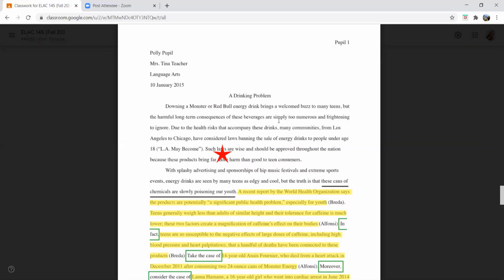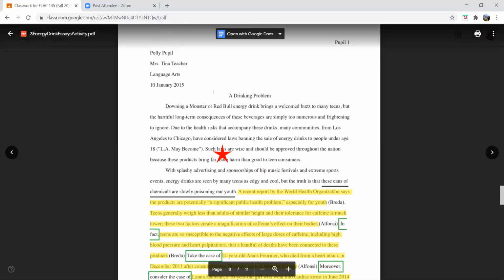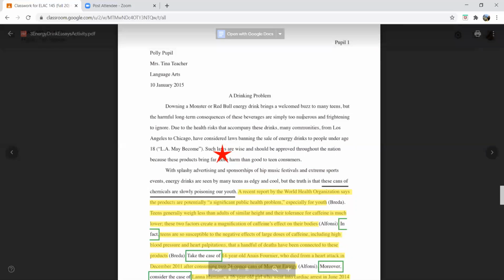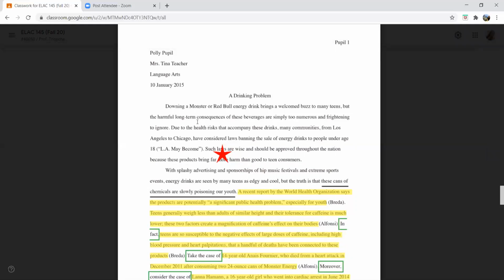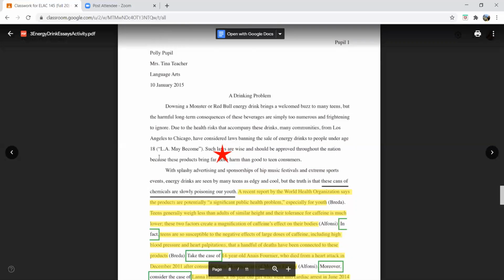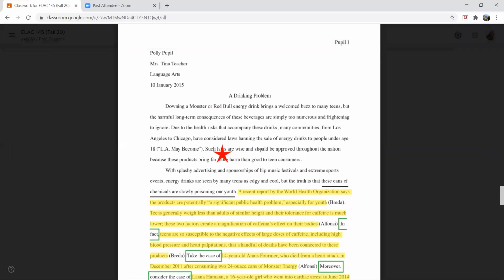So she kind of welcomed in the topic. Hey, a lot of kids do this thing like drinking an energy drink, and it's a problem. Due to, now she's telling us the reasons why. Here's the claim, here's the star.